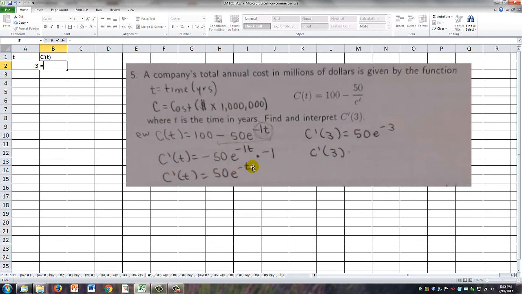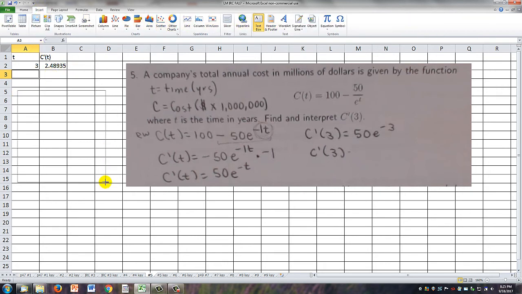I went ahead and plugged the negative 3 in if we were showing our work. I'm just going to put in 50 times EXP, no caret, just parentheses, negative 1 times A2. And so I would write that value right here equals 2.48935. And so now it's time to interpret.